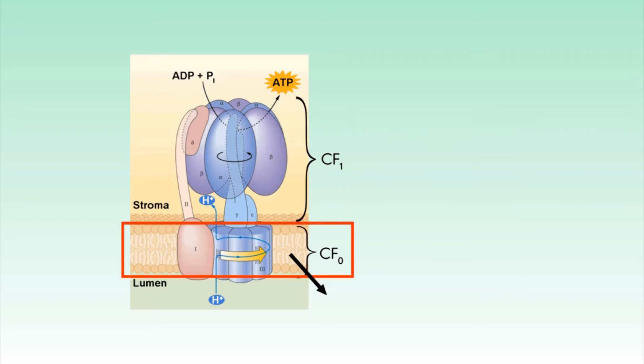The CF0 subunit is embedded in the thylakoid membrane. The membrane orientation of CF1-CF0 is reversed compared with that of the mitochondrial ATP synthase. However, the functional orientation of the two synthases is identical. Protons flow from the lumen through the enzyme to the stroma or matrix where ATP is synthesized.